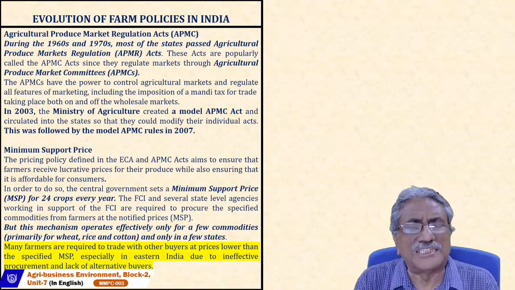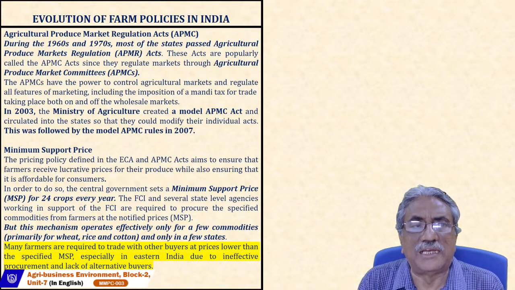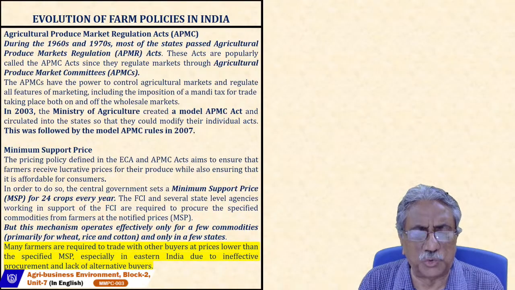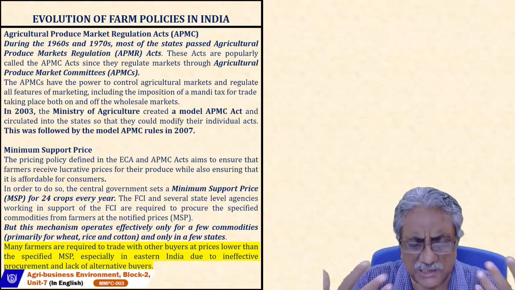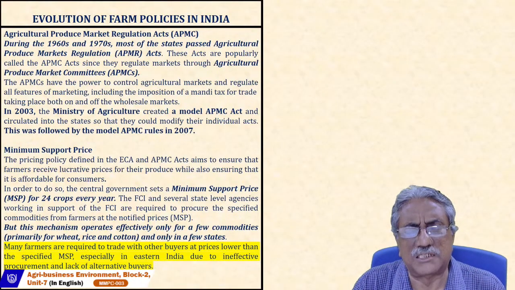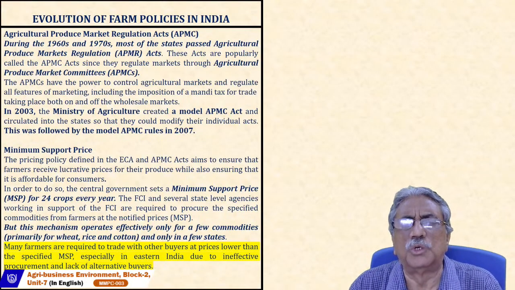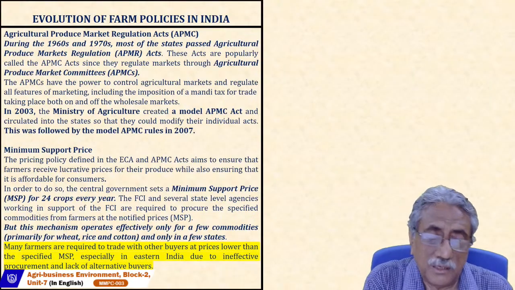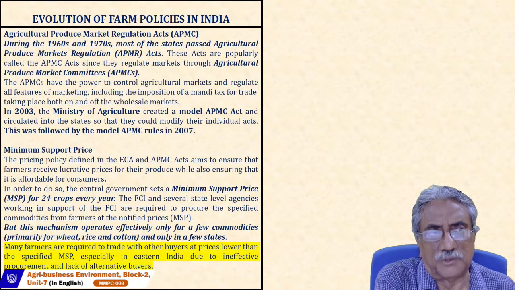Moving further, in the 1960s and 70s, most of the states passed agricultural produce market regulation acts. By the mid 50s or 60s, when high yield varieties and excess produce were there, the farmer got enough produce to give to the market, keeping aside something for his whole year's consumption.